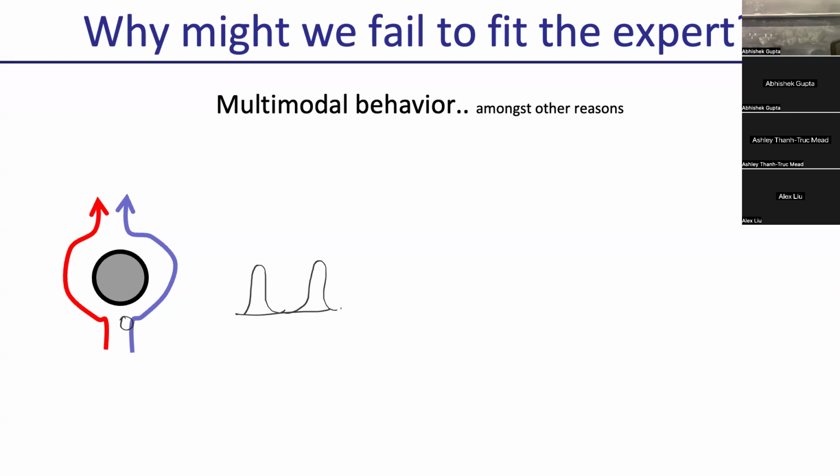Imagine you're doing mean squared error, which means you're trying to make your prediction a hat as close as possible to the expert actions. But the expert actions were 50% this way and 50% this way. If you're trying to get your predicted action closer to the expert actions on average, then you're going to average them. And for a tree, you're going to go straight into the tree, and you typically don't want to go straight into the tree.